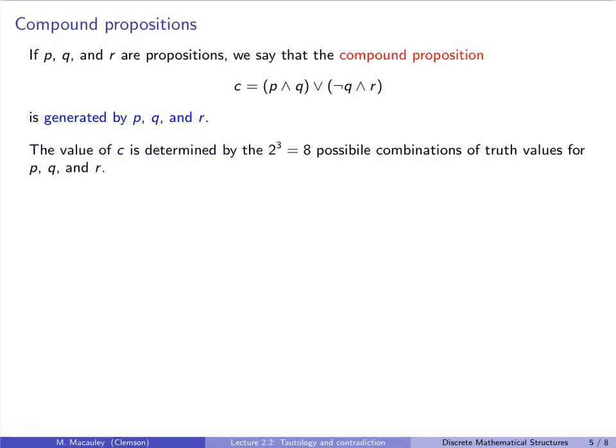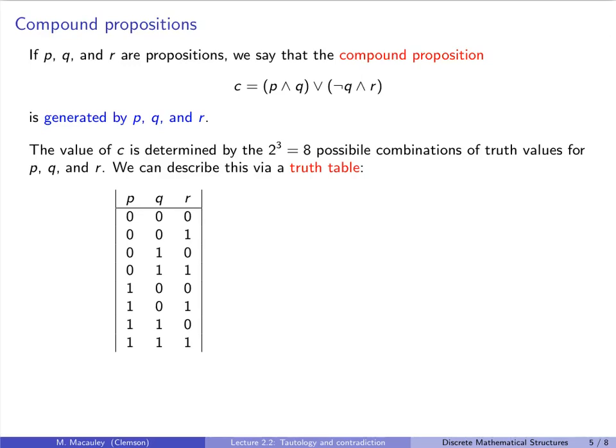The value of C is determined by the 2 to the 3, or 8 possible combinations of truth values for P, Q, and R. If you don't quite see where that 8 comes from, let's look at the truth table. So here we have P, Q, and R, and there are 8 possible inputs. Those correspond to the rows. And if we have an unknown function C, not necessarily the one above, there are 2 possibilities for each of these entries.